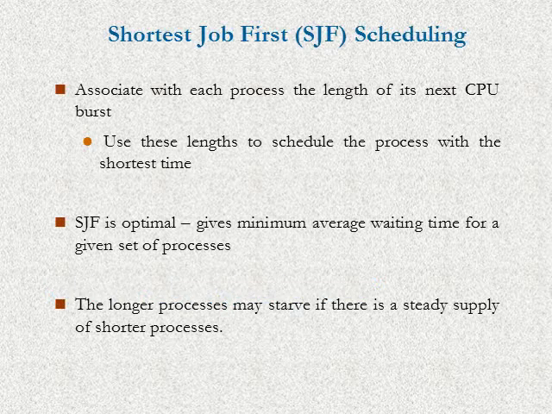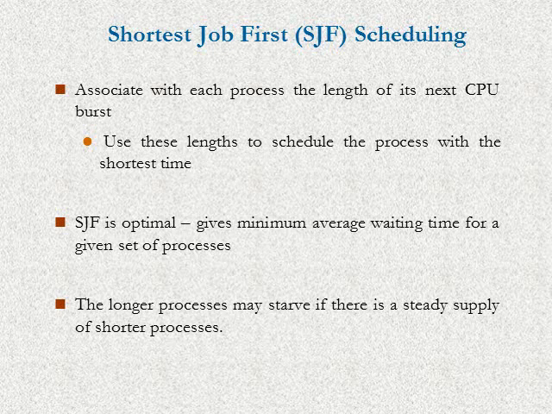For this algorithm, a tag is associated with each process that contains the burst time requirement of that particular process. The scheduler uses those tags to select the process having the least burst time requirement and passes it on to the processor.